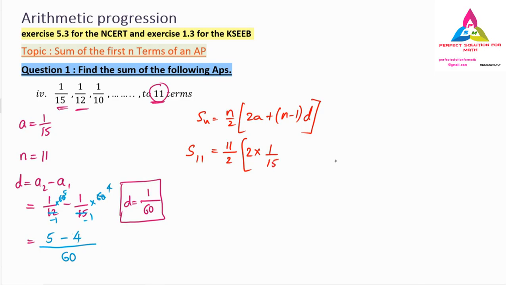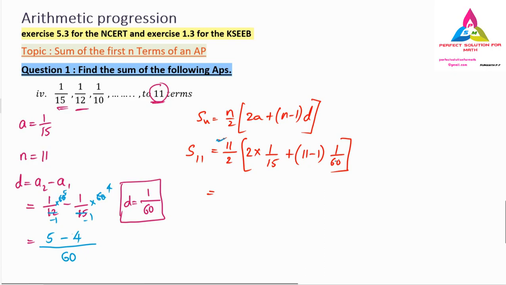See here, the ratio we got, so direct calculation is not possible. Plus n minus 1, that is 11 minus 1, into the d value, which is 1 by 60, which we got just now. Here we can't cancel. I told you that when n is an even number, we can directly calculate over here, but in this case we can't cancel because 11 by 2, in that 11 is an odd number, we can't cancel.